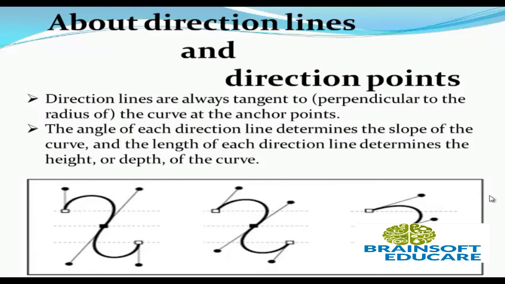The angle of each direction line determines the slope of the curve, and the length of each direction line determines the height or depth of the curve. This is the example of moving and resizing direction lines, which changes the slope of curves.